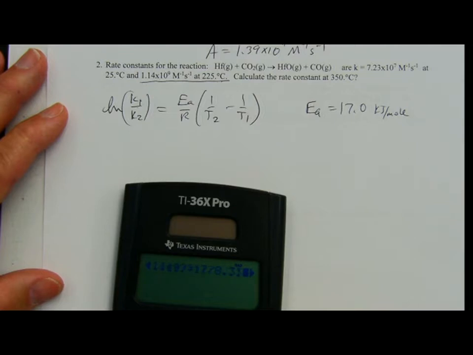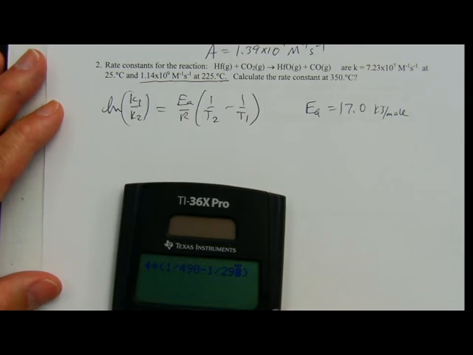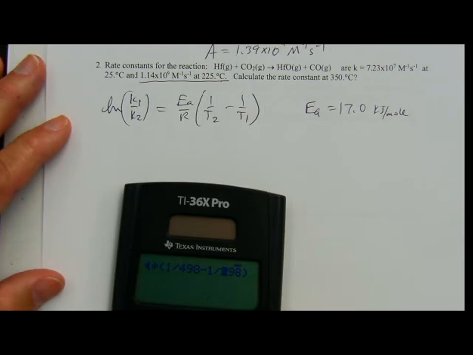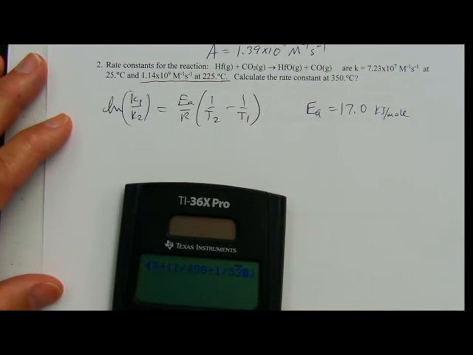And then put the temperature that I need right there. All right, so the temperature I'm looking for is 350. So that's what, 523? 623. Oh, 623, yes, you are correct. 623.